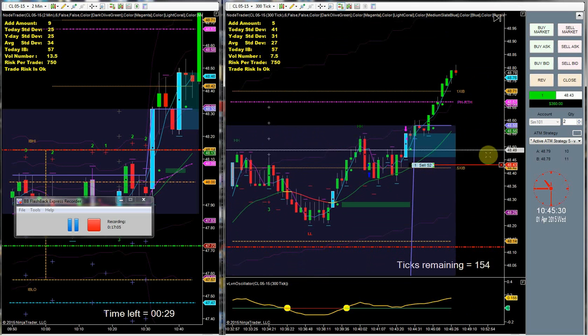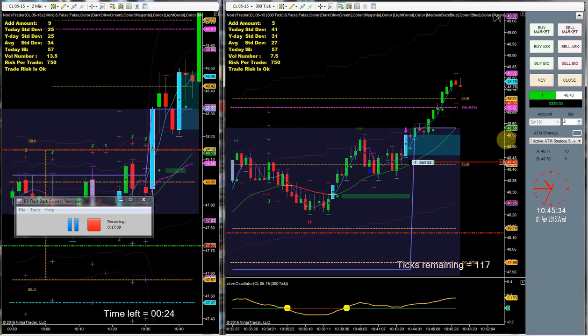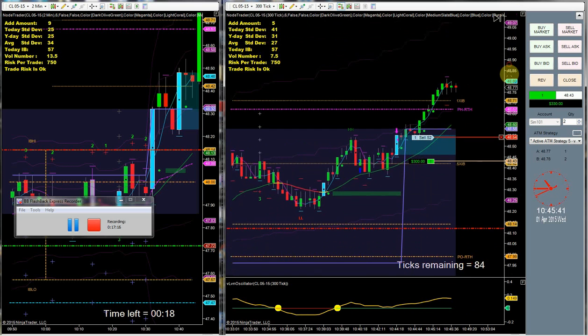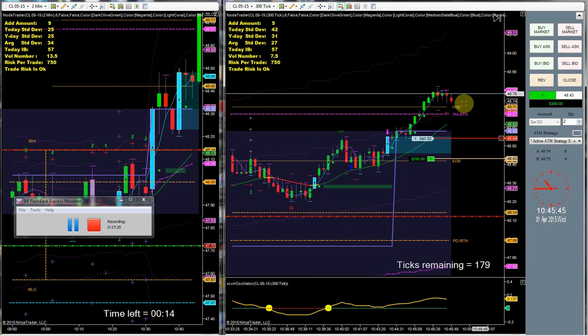And I don't have any trailing prints yet, but I would be crazy not to lock in at least some of this. Alright, here's our trailing print right here. We'll put it right beneath that.